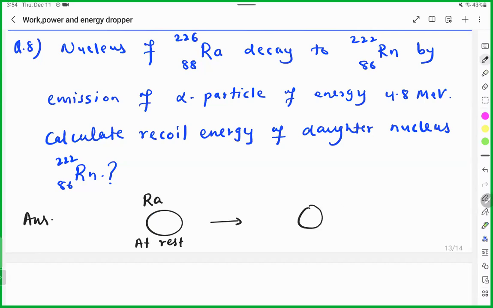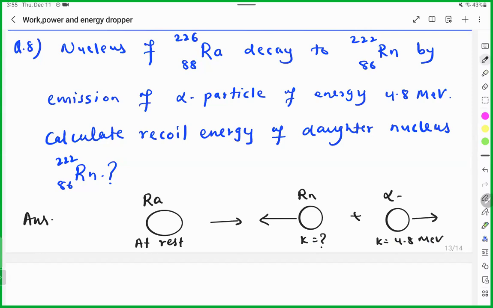If the alpha particle is moving in this direction, then radon will move in the opposite direction. This energy is 4.8 mega electron volt. This energy you have to calculate as kinetic energy.